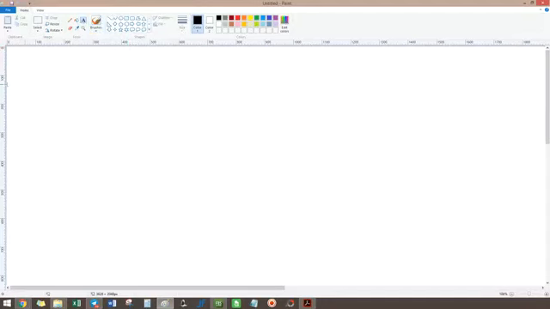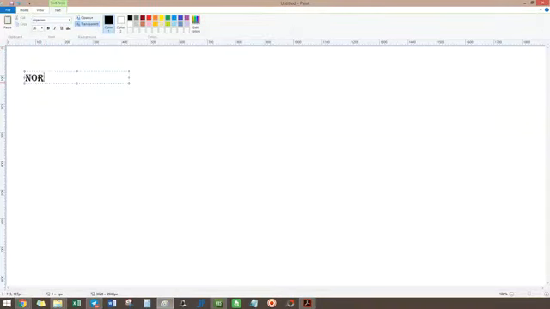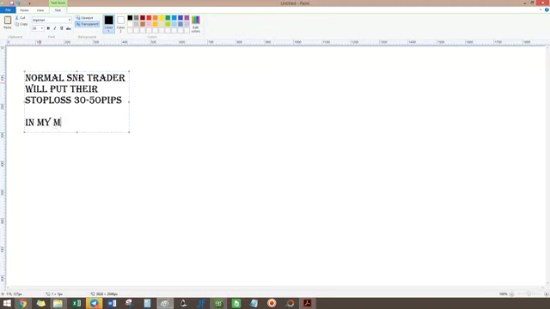Okay, a normal SNR trader will put their stop loss about 30 to 50 pips. In my methodology, this is a stop hunting range.